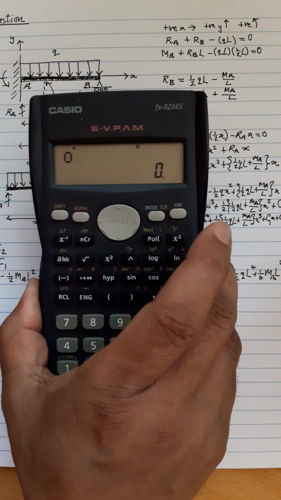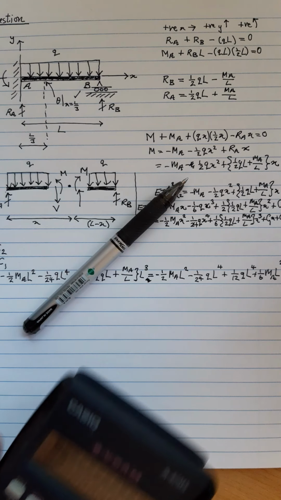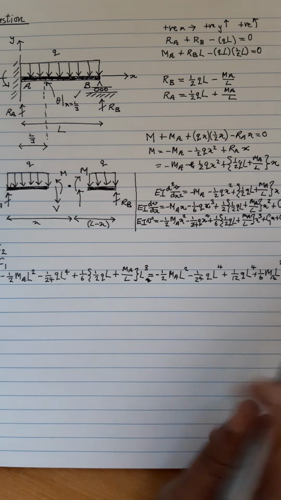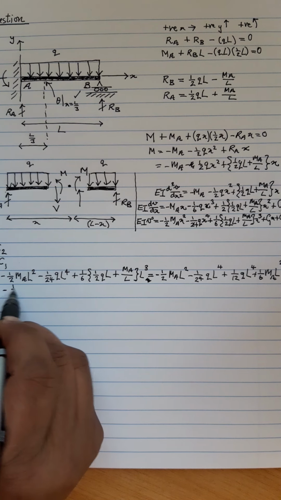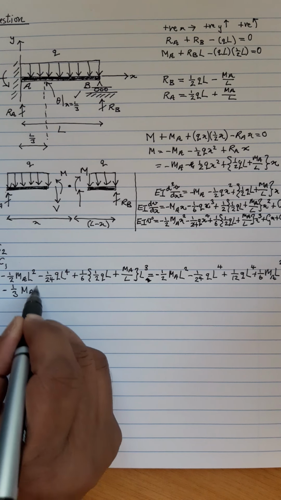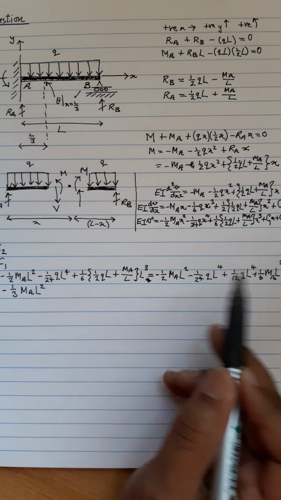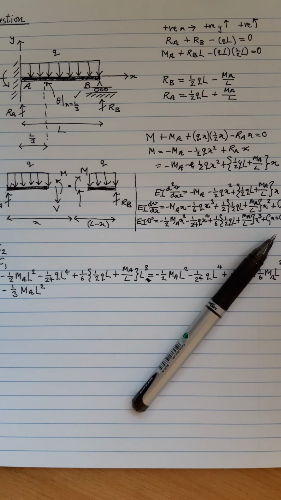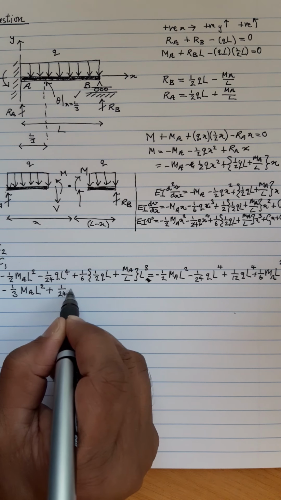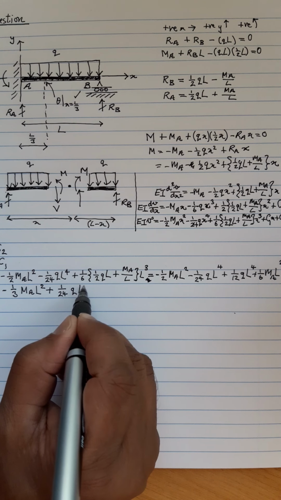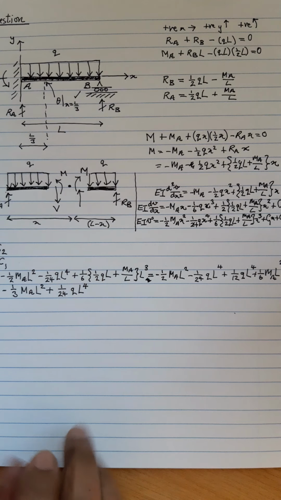Just going to use the calculator. So -1/2 plus 1/6. That's -1/3. And -1/24 plus 1/12, which is plus 1/24 QL to the 4th power.